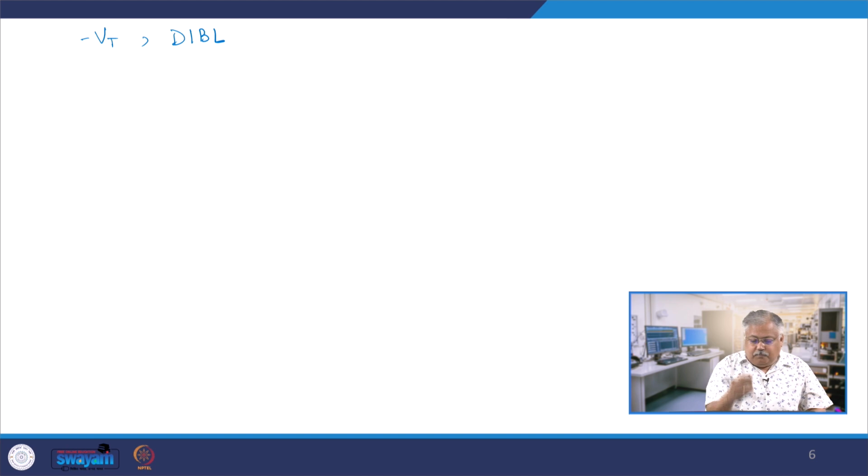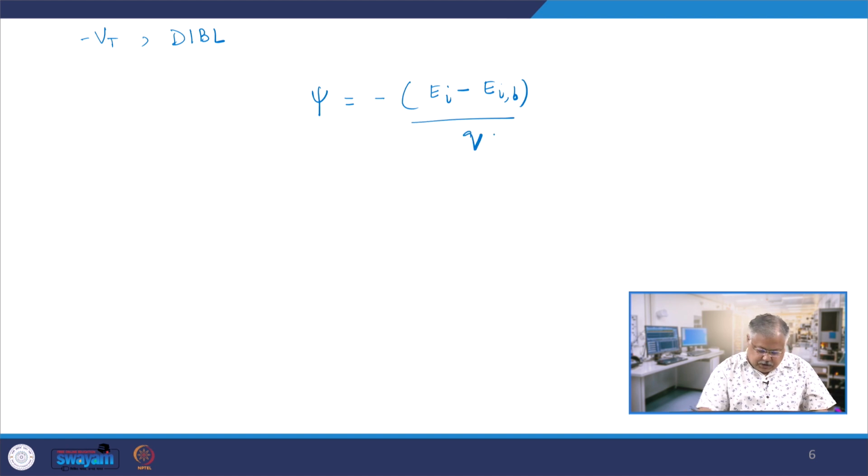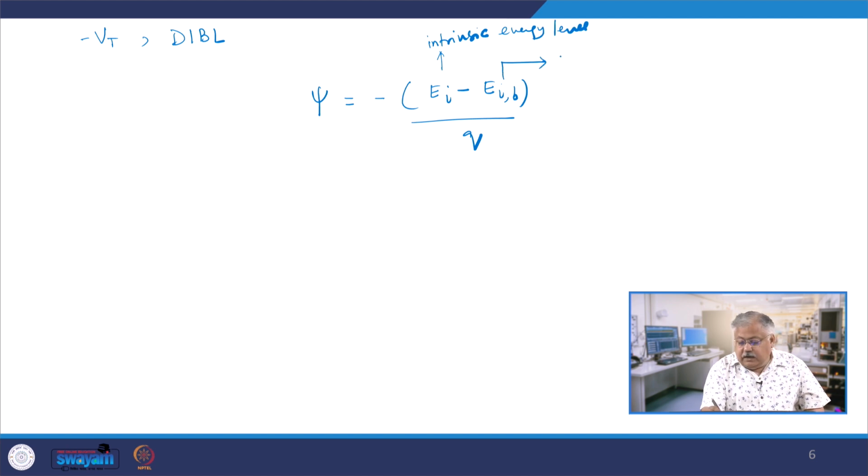So, we define one important term, psi, a potential, given as (EI minus EIB) divided by Q, where Q is the elementary charge. This EI is referred to as the intrinsic energy level, and EIB is the intrinsic energy level in the bulk.